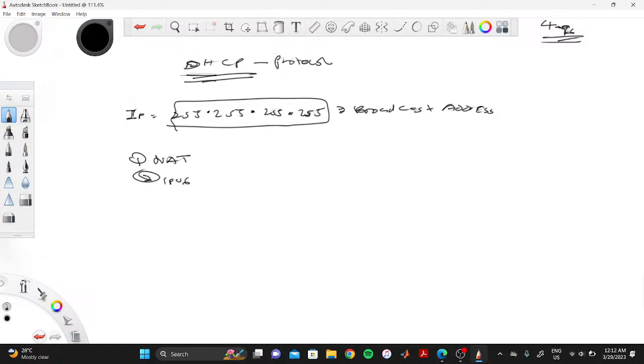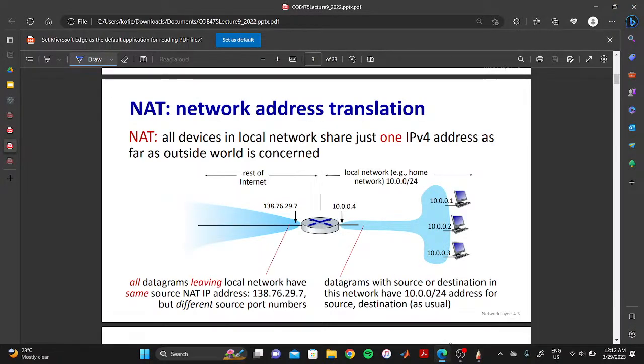So let's talk about the NAT. So the beauty about the NAT, the network address translation, is that if there are several computers connected to a certain network, they all use a version of this. I think there are three that they can use. They can use 10.0.0.0/8.